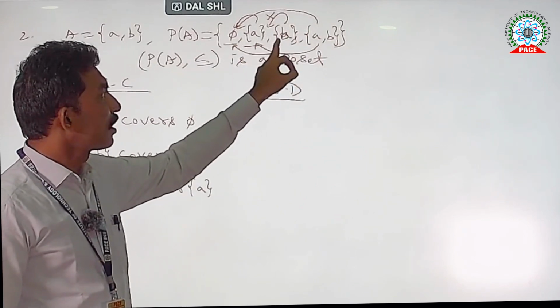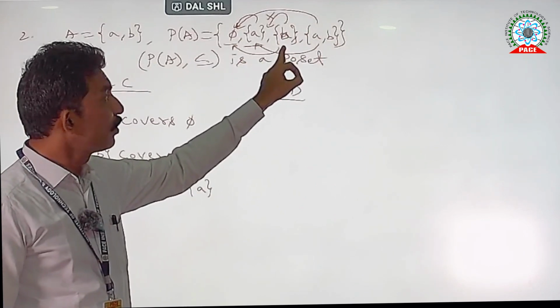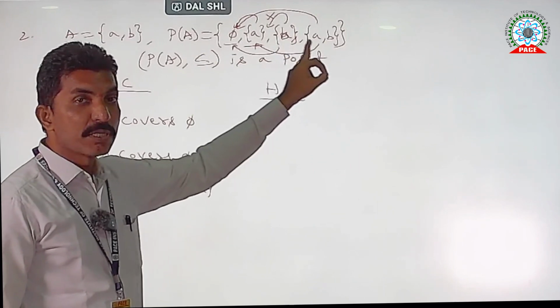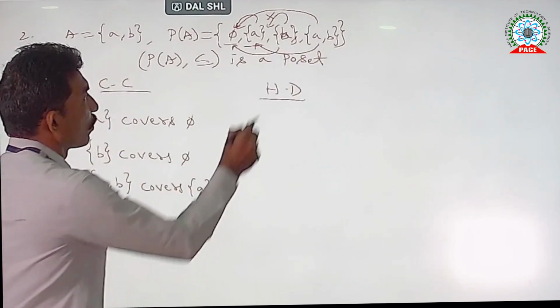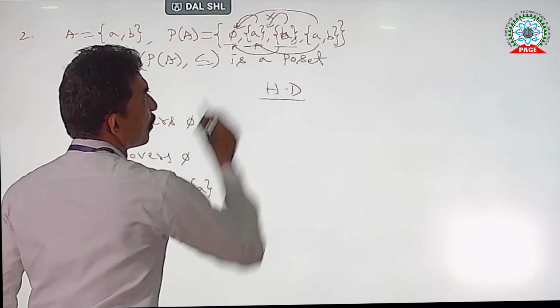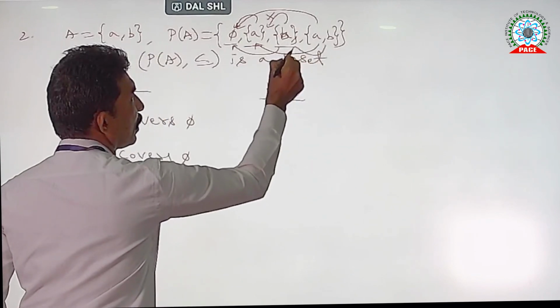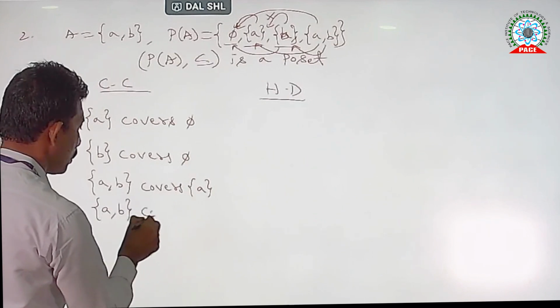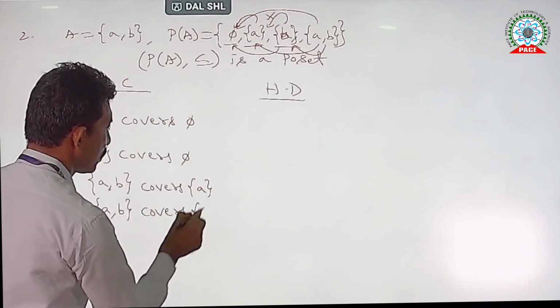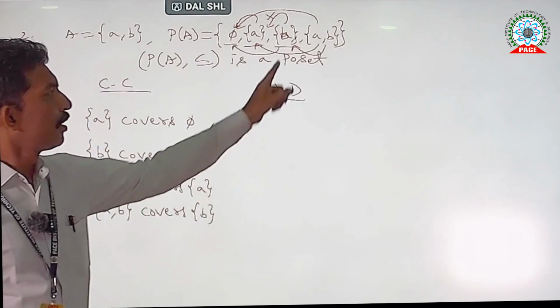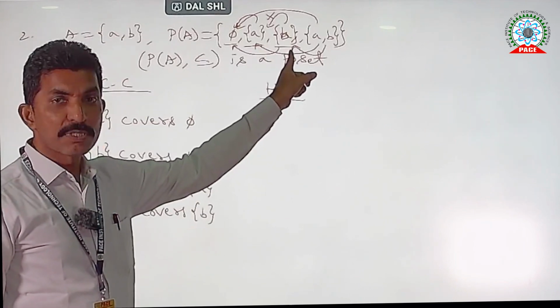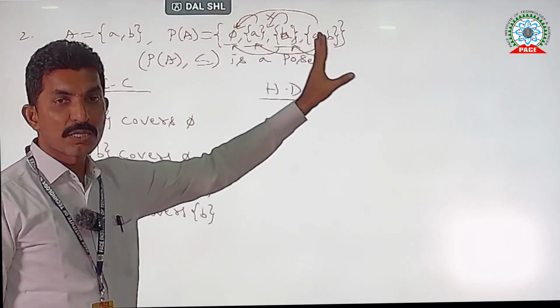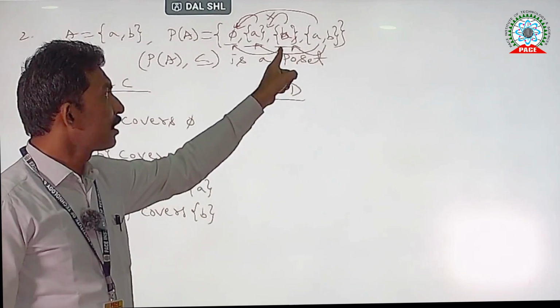Now coming to the next one, {a, b} covers {b}, because {b} is a subset of {a, b} and there is no other set such that this set is a subset of that set and that set is a subset of {a, b}. So these are the required covering conditions.